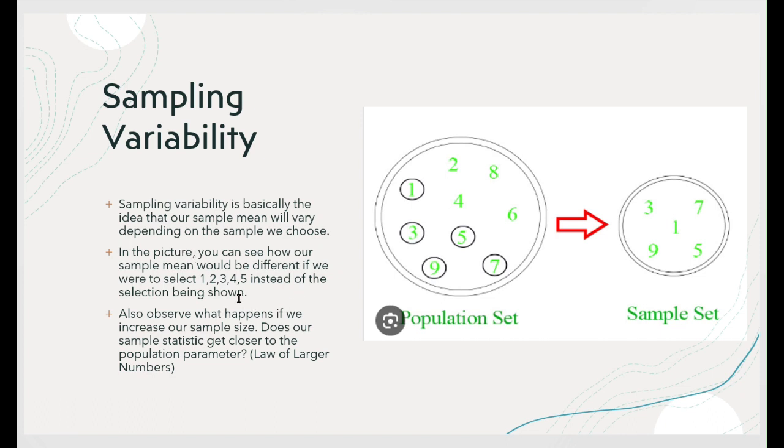Another thing that sampling variability depends on is the size of the sample. If we were to choose a sample of 7 numbers, that would only leave us with one number that we haven't chosen. The closer your sample is to the population size, the less variability there's going to be.